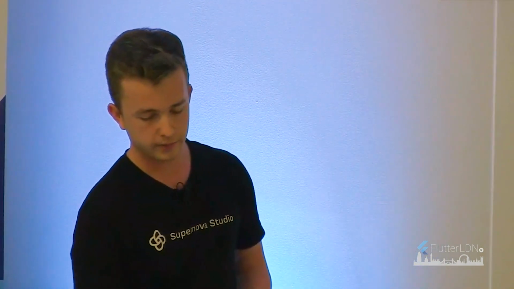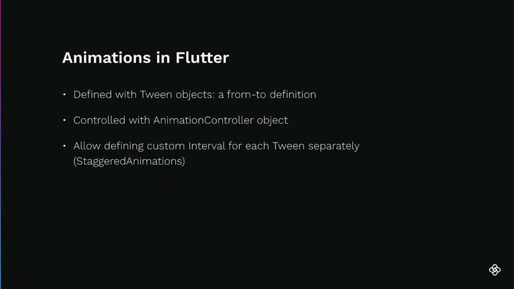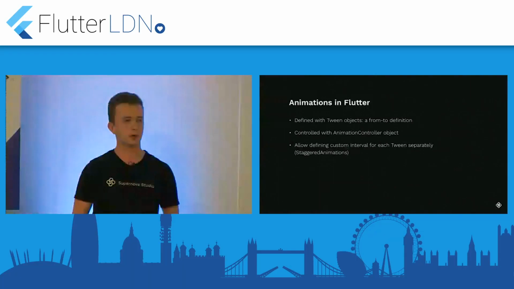So let's talk about the animations in depth. Firstly, I would like to briefly cover how animations work in Flutter. The core is the Tween object, which is a simple from-value to-value, used for defining the animation, and can be colors, doubles, offsets, etc. Then you call the animate method on the Tween, which accepts the animation controller object, which you can then use to invoke the animation or set the duration, stuff like that.